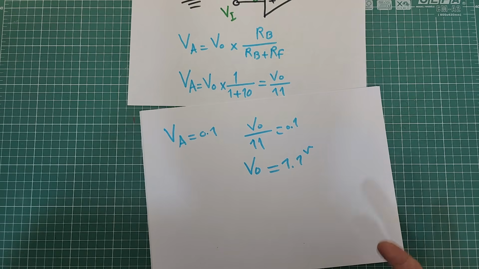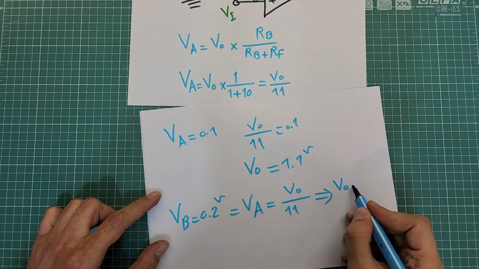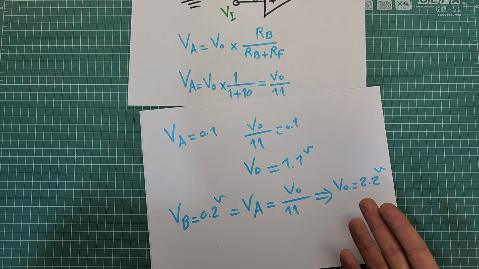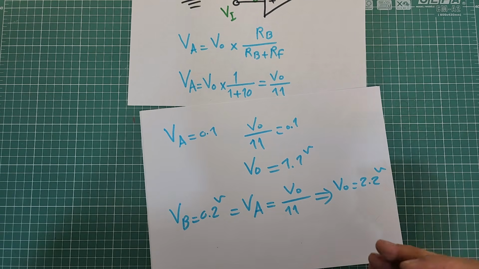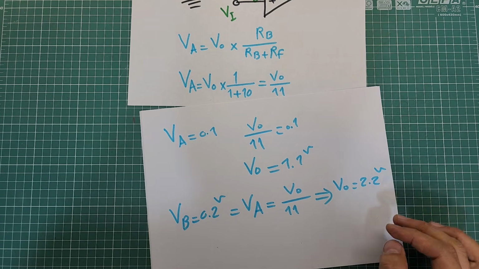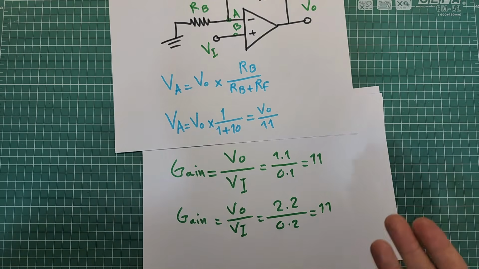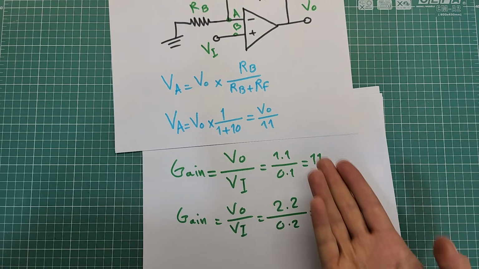In the same way, if I apply 0.2 volts to the input, the op-amp will set the output to 2.2 volts to make the voltage at inverting input equal to 0.2 volts. The gain of this amplifier is equal to 11.